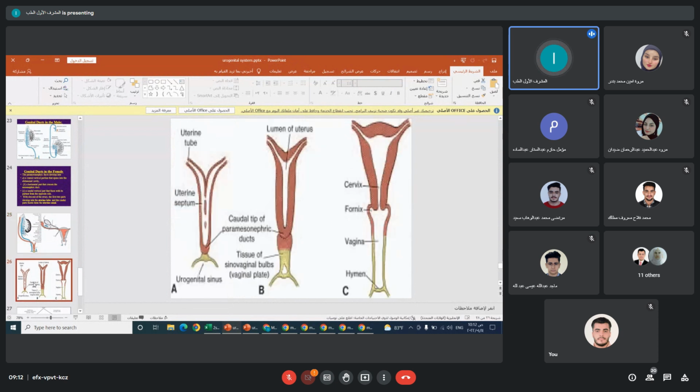You can see here that the urogenital sinus receives, or connects to, the fused Mullerian duct, and here this is called the sinovaginal bulb or sinovaginal node, also called the genital tubercle.